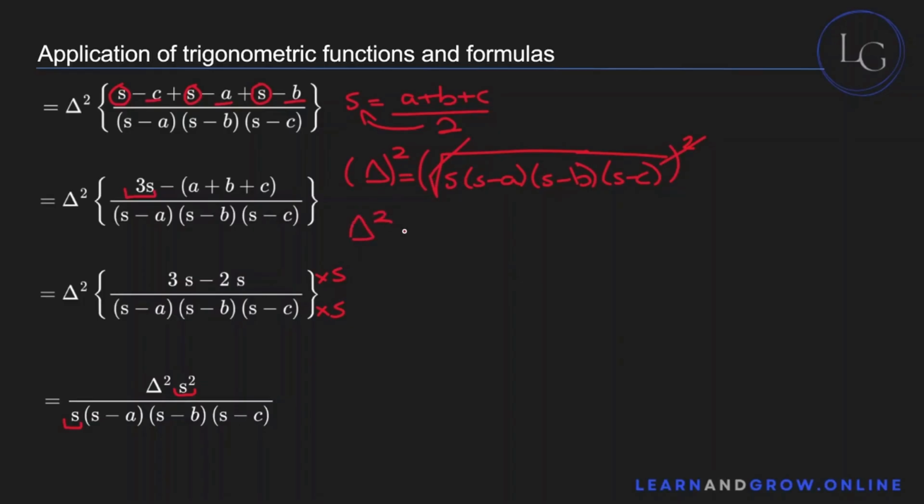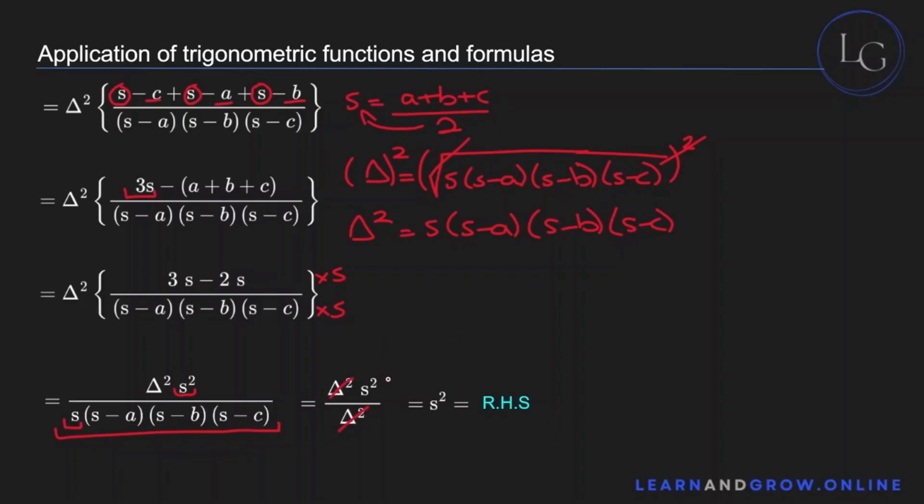So area squared is equal to S into S minus A into S minus B into S minus C, which is indeed the denominator over here, right? So you could replace that with the area squared. So you get this. Now you can cancel out this area squared and this area squared. You get the right hand side that we needed, which is S squared.